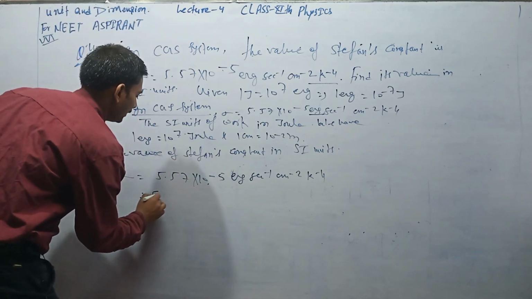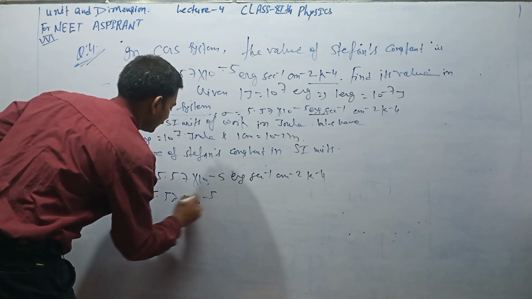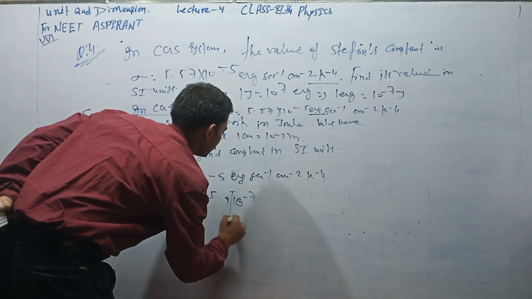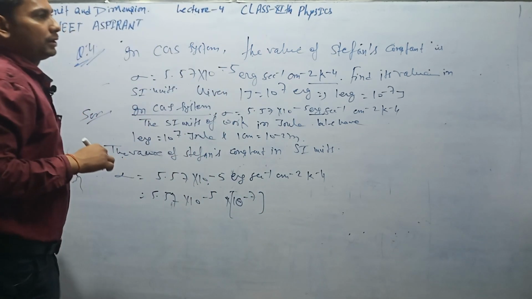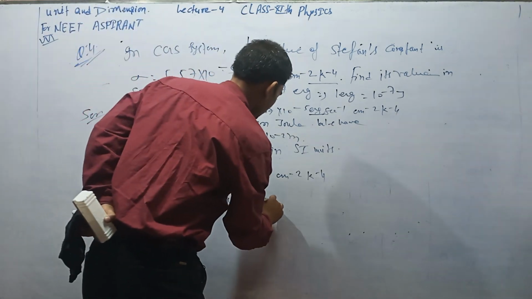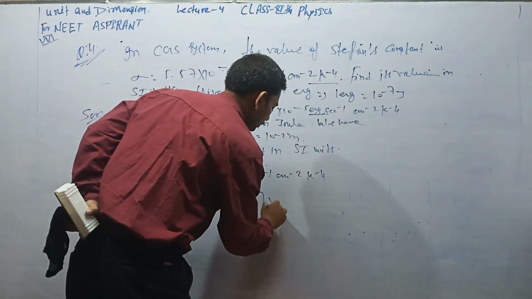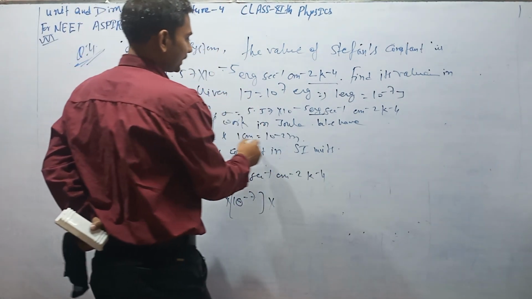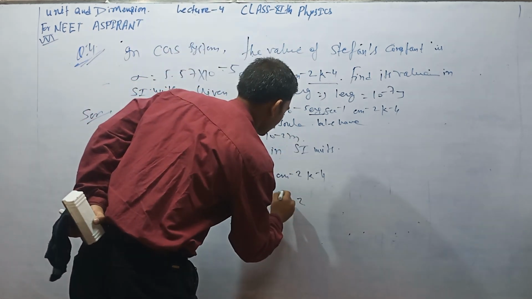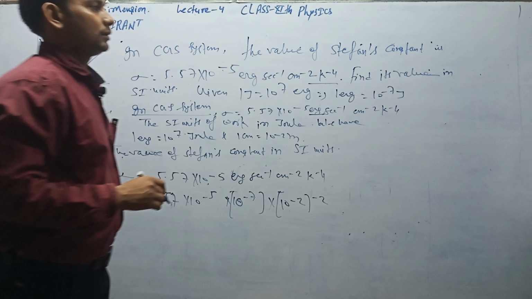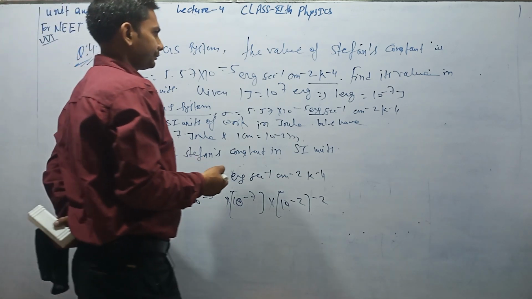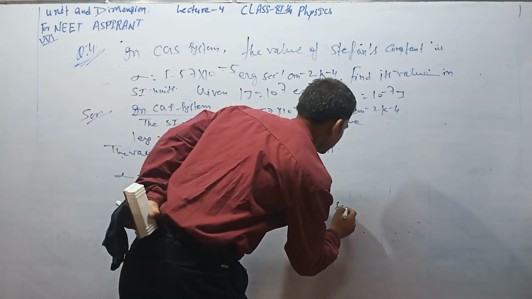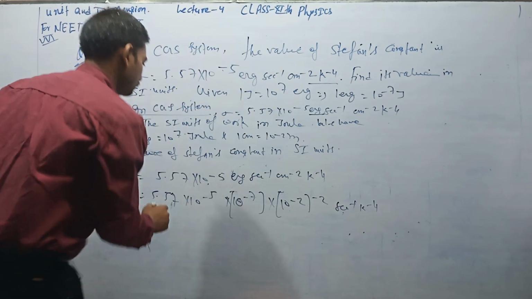So 5.57 into 10 to the power minus 5. Put 1 erg equals 10 to the power minus 7 joule into second inverse. Now centimeter to the minus 2, that means here 1 centimeter is 10 to the minus 2 meter, whole squared. Now second inverse Kelvin to the power minus 4. So I will calculate it.